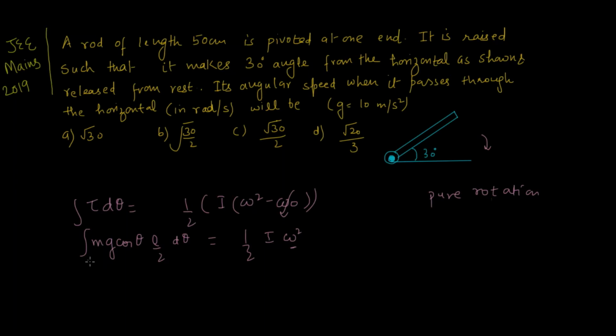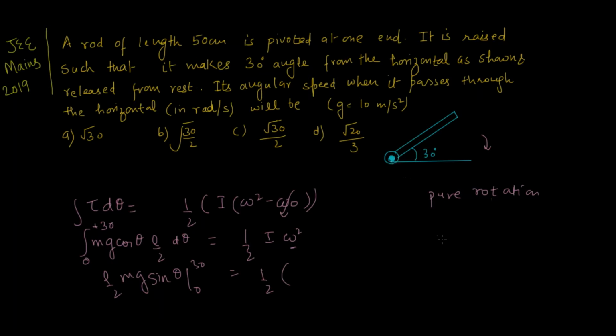So it is starting from 0 to minus 30 according to the sign convention, sorry, plus 30. So this will be mg sine theta from 0 to 30, and L by 2 is a constant, and we have I. So we need to find I at this point.